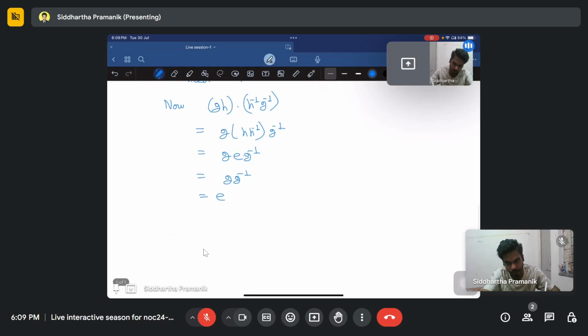So let's also check the other side. So h inverse g inverse times gh. So we can write it as h inverse g inverse g h.